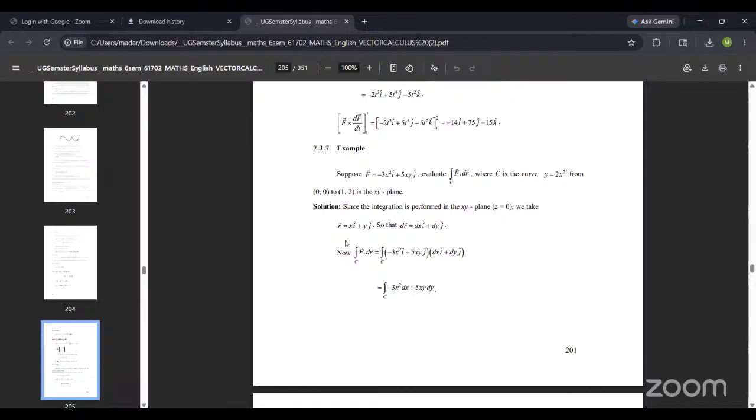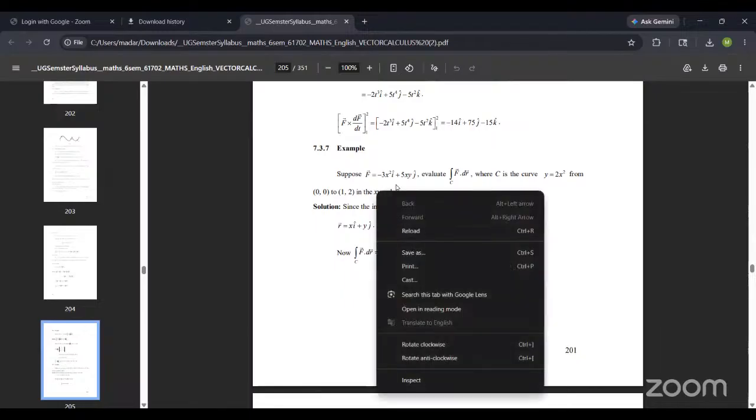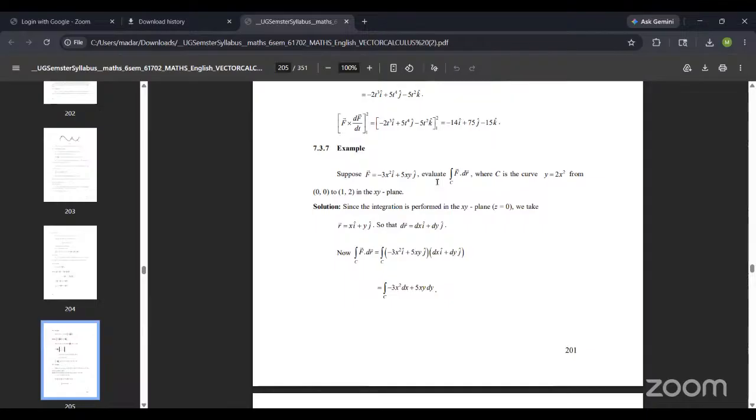Then we take r bar equal to x i plus y j. Therefore dr equal to dx i plus dy j. So in the xy plane the z equal to 0, no? So that's why we are taking only dx i plus dy j.